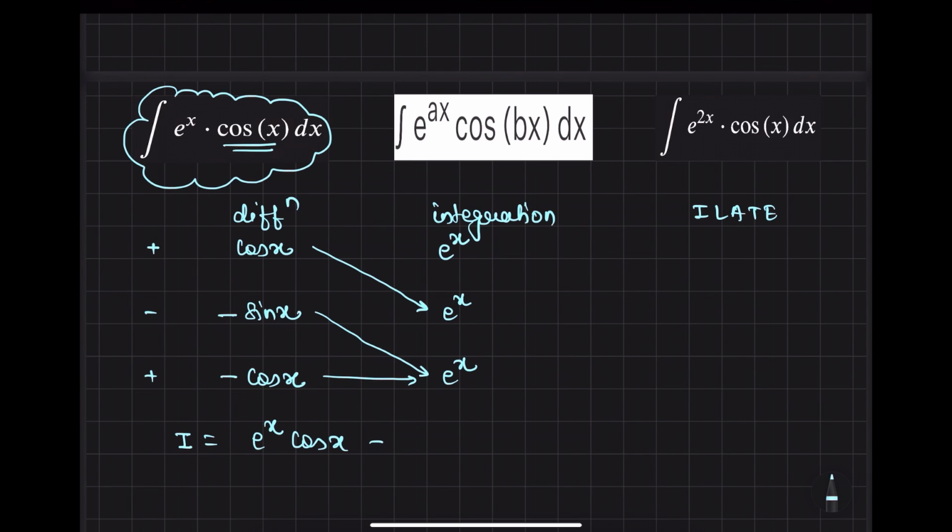Minus and minus will become plus sin x e power x, and then minus of cos x e power x, which is the same thing, so here you have to write I. Now this I will come to this side, so it will become 2I, and we will have e power x cos x plus e power x sin x. Now divide both sides by 2 and you are done.